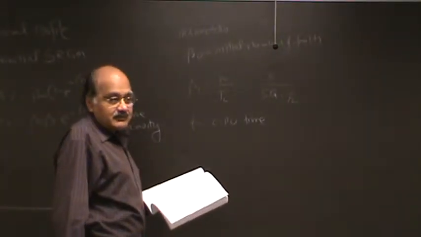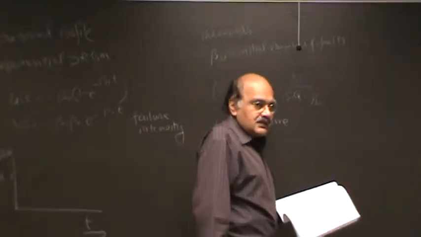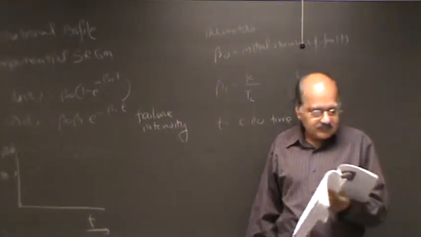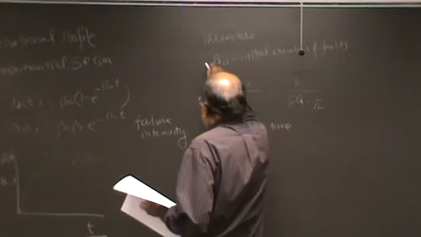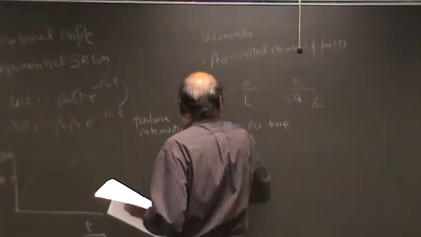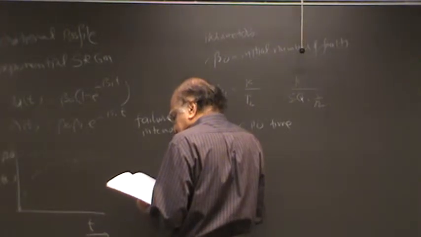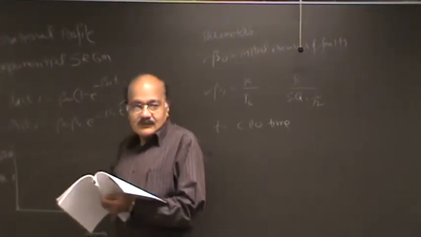If your time is measured more in terms of calendar time or man hours, then you need to appropriately do some conversion. So notice, this has an interpretation and this has an interpretation. And this is where we were last time.